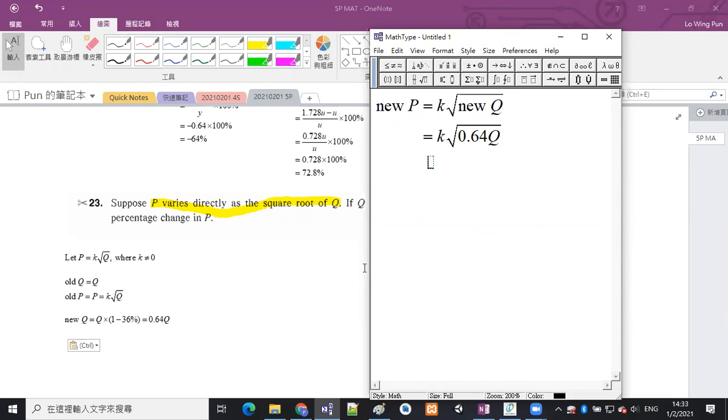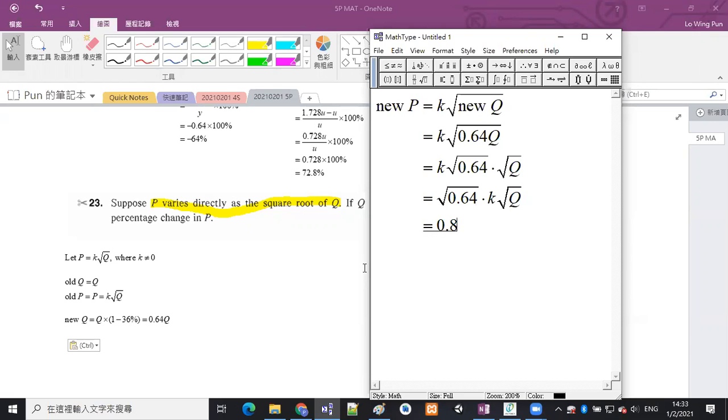Again, we need to split the number from the letters, but they are inside the square root. But luckily, the square root can be split into two parts: square root of 0.64 times square root of Q. Then the number will be moved to the front, so square root of 0.64 times K times square root of Q. The square root of 0.64 is a pure number, so you may use the calculator to simplify it.